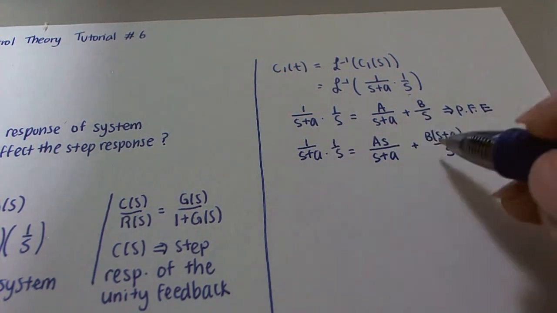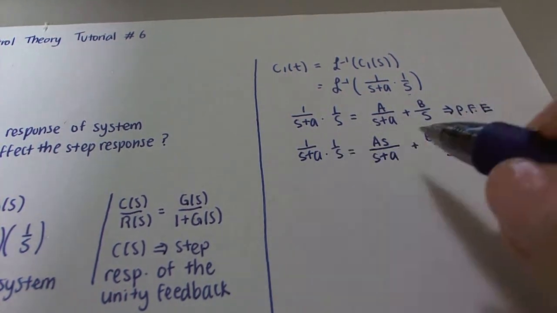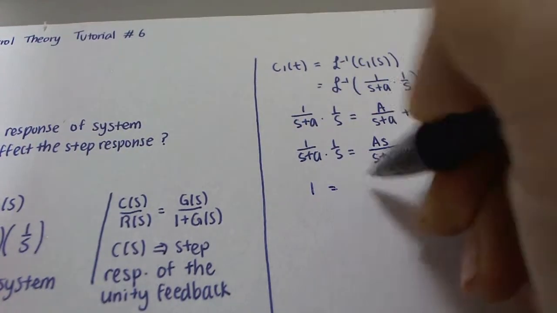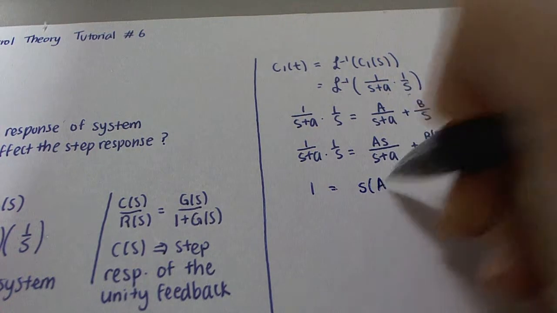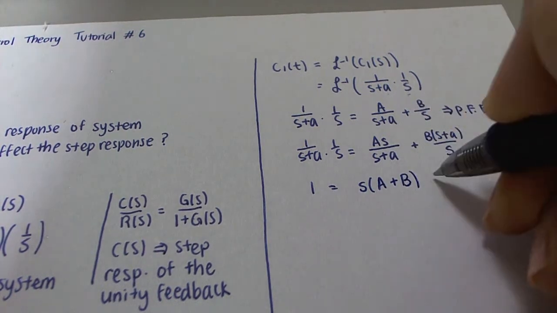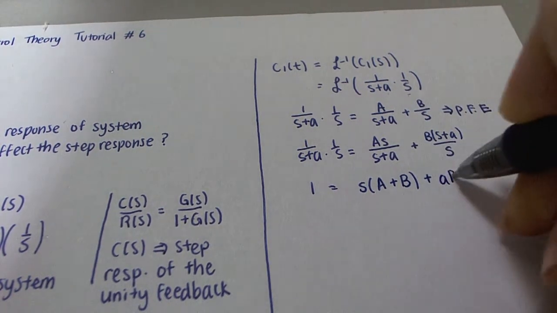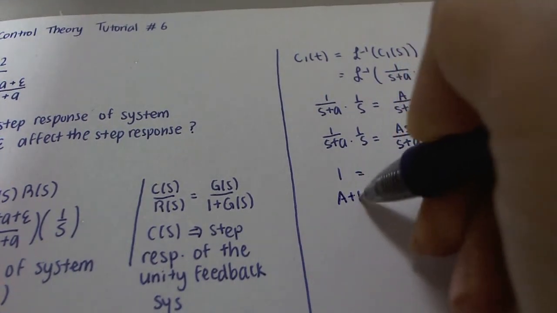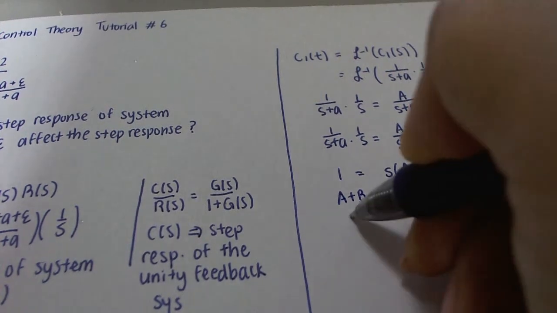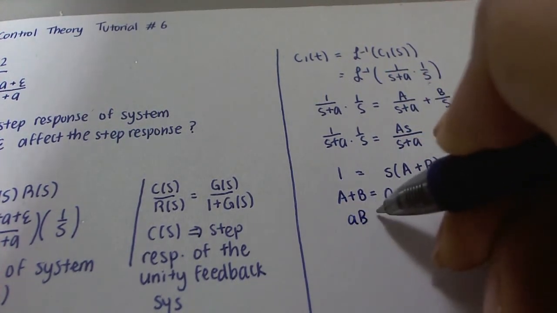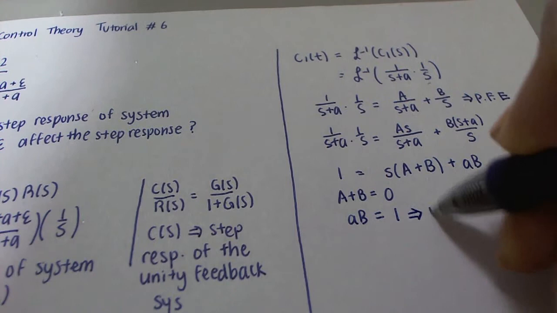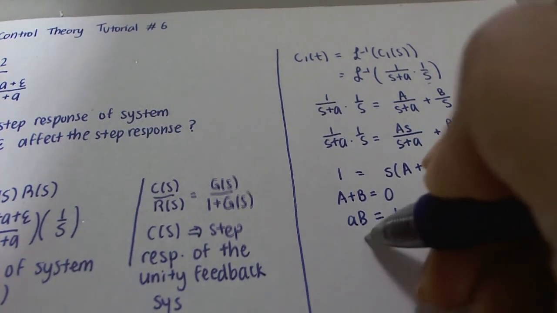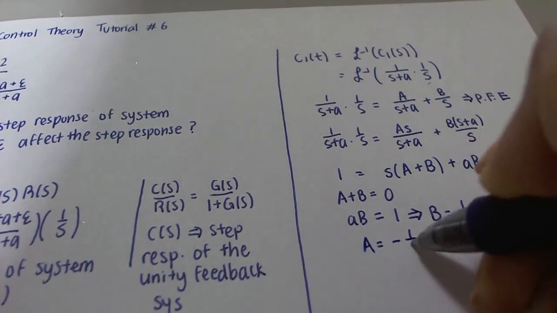And then equating both the numerators of the left and the right hand side, we get 1 equals s multiplied by (A plus B) plus small a multiplied by B. And so A plus B equals 0, and small a multiplied by B equals 1. And we have B equals 1 over a, and then A equals minus 1 over small a.